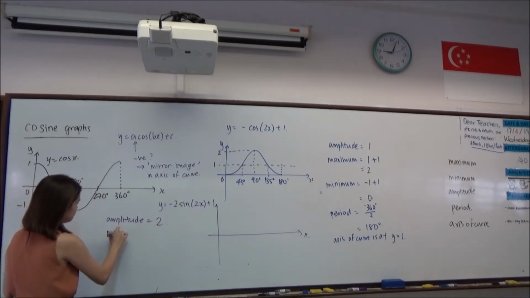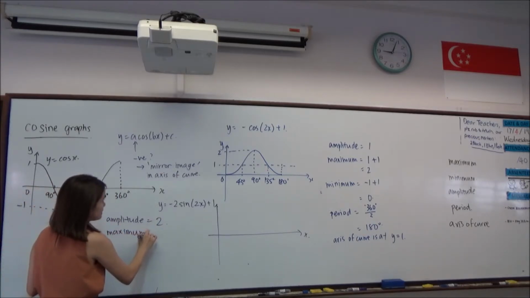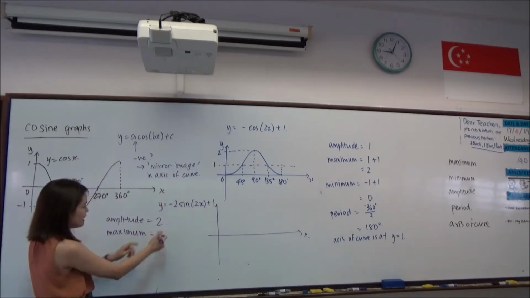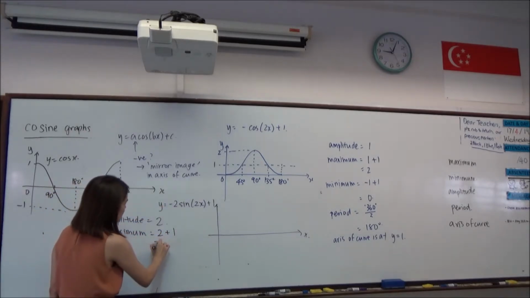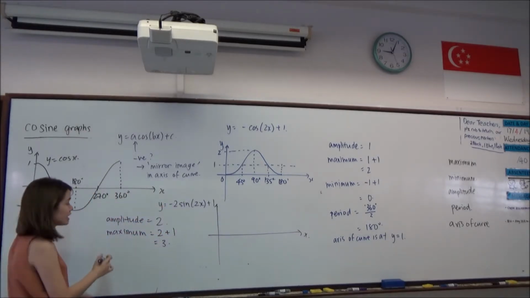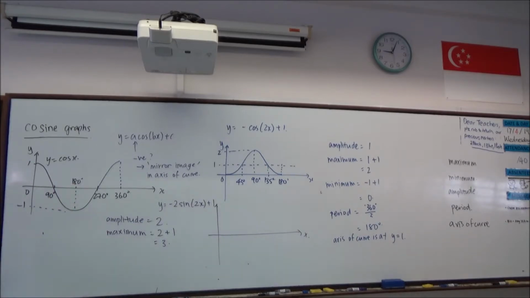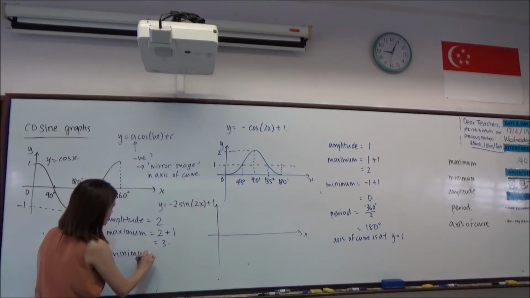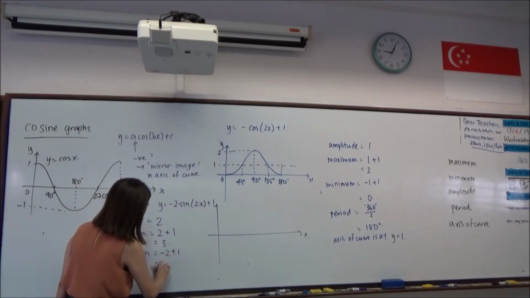Okay, maximum. How do I find the maximum? Negative 1. Negative 2 plus 1. We take the absolute value of the amplitude, so 2 plus 1, that will be 3. It cannot be the maximum as a lower value than the minimum, it doesn't make sense. So the minimum will be negative 2 plus 1, so negative 1.